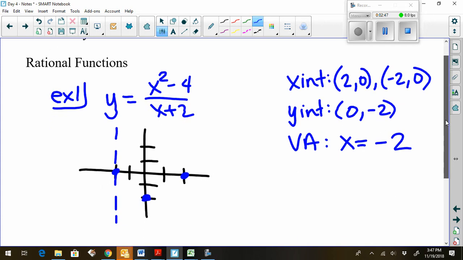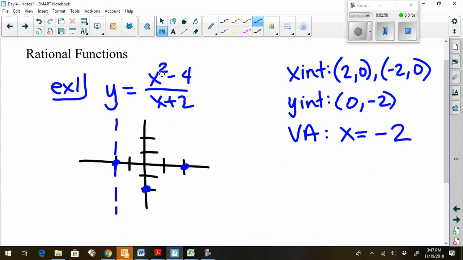So something we can do to figure that out is to factor this function. In your practice 3, you would factor these on the backside on number 5. You also have to factor. So similarly, you're going to use RS to factor this. When I factor it, I'll get y equals (x plus 2)(x minus 2) over (x plus 2).